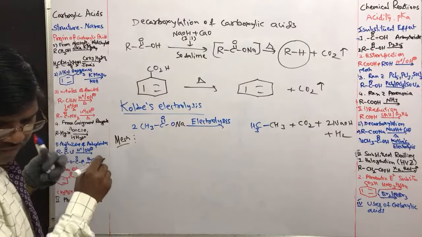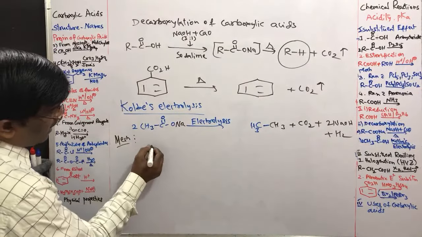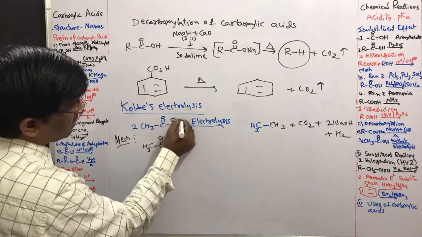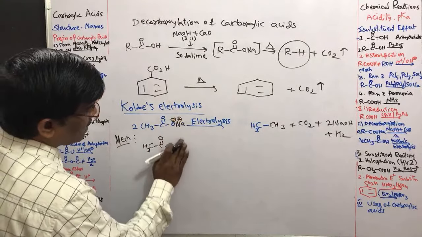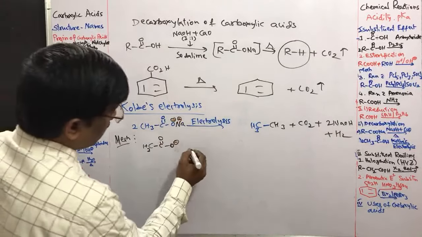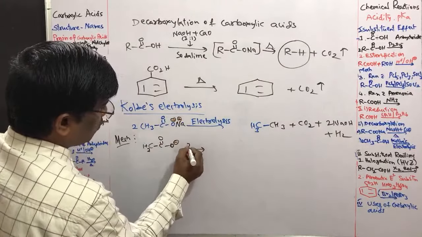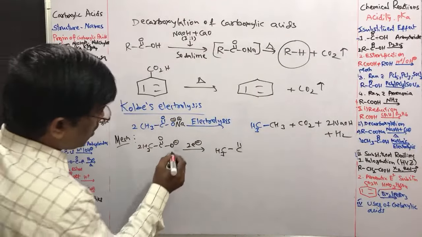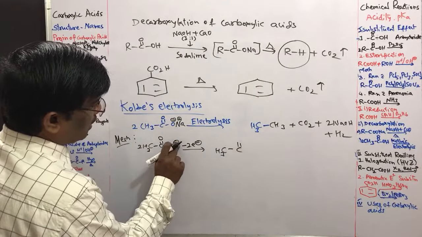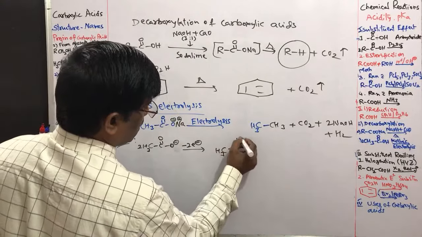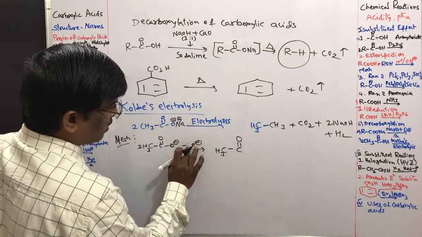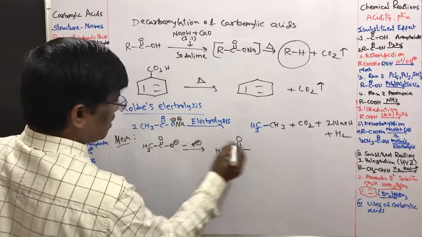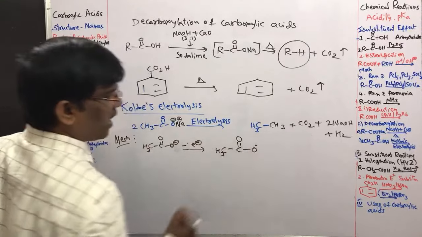The mechanism is very simple, students. When I take this methyl COO minus, it loses an electron, and it is going to form CH3COO free radical.